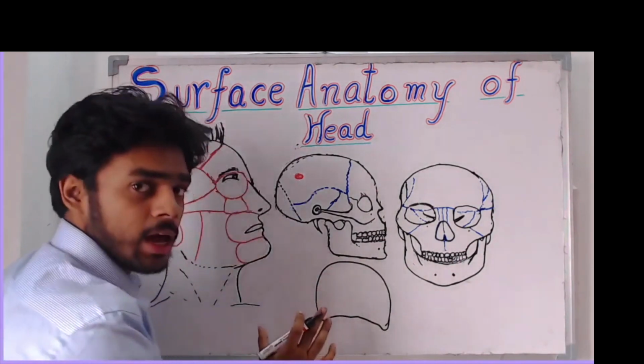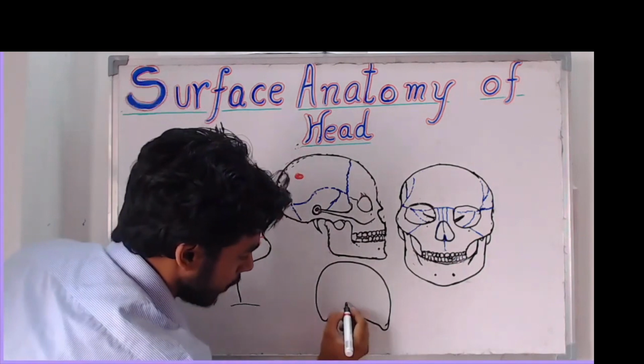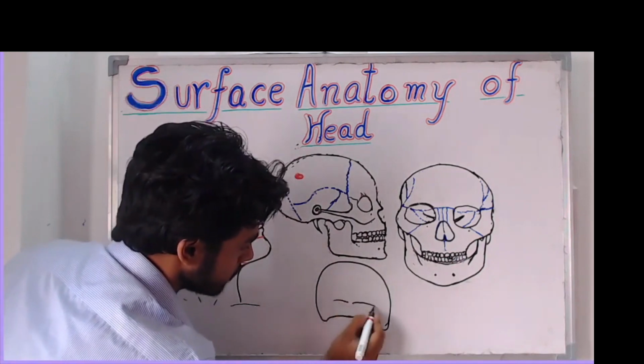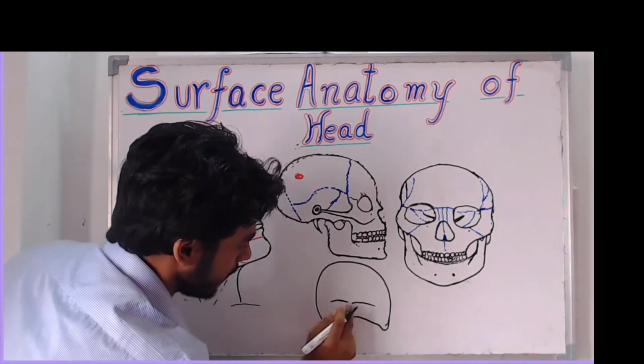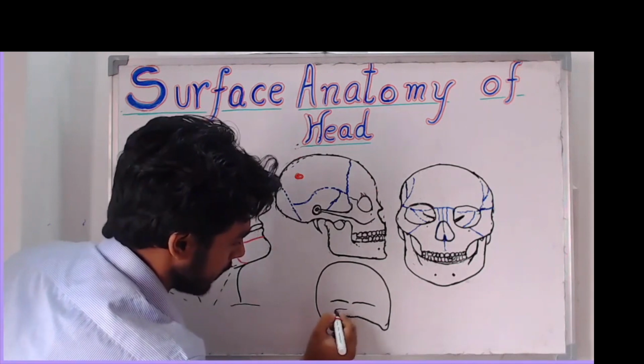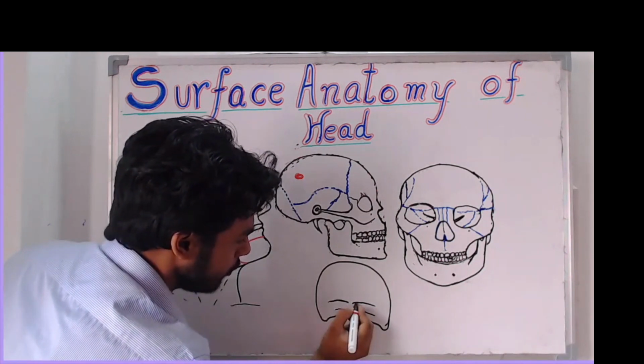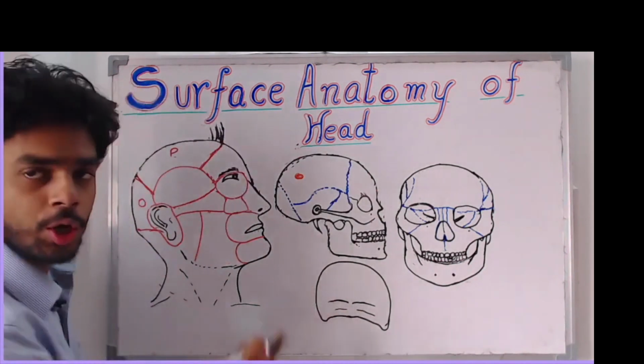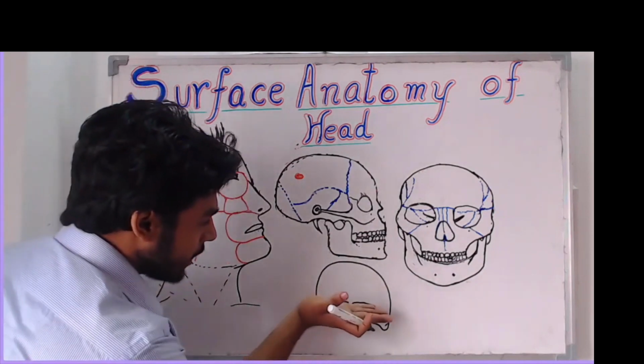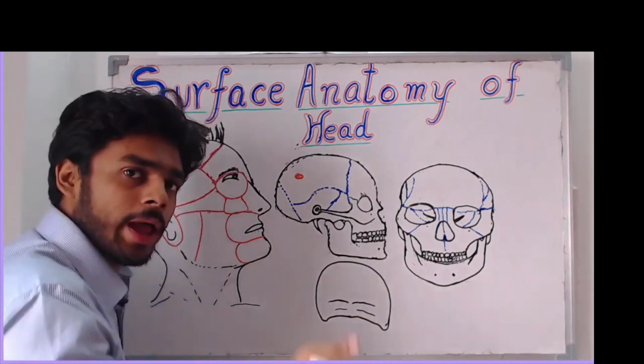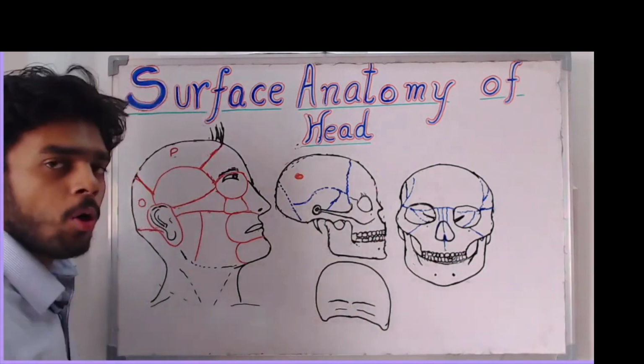Here you have the occipital protuberance, which is a protruded area on the back side of the skull, and this line on the skull is called the superior nuchal line, and the area which is above this externally is known as the occipital region.